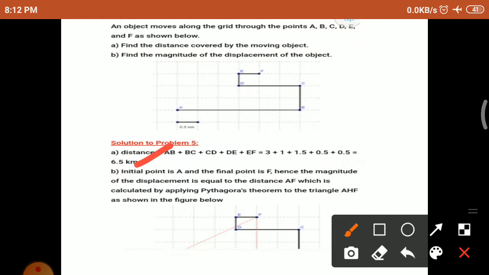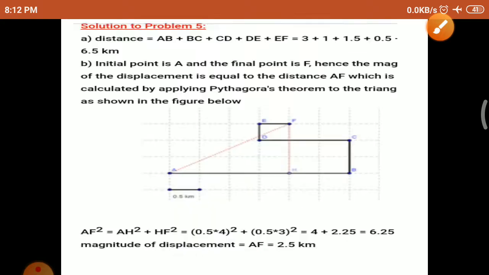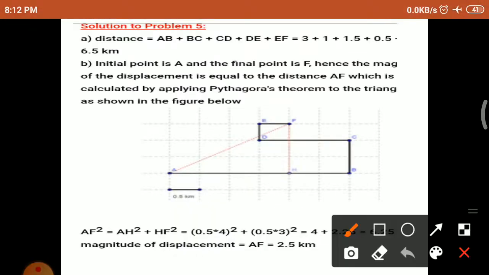How to find the displacement? This is the initial and this is the final. You have to calculate in this way using the Pythagoras theorem. See, this is the displacement. So AF squared equals AH squared plus HF squared.